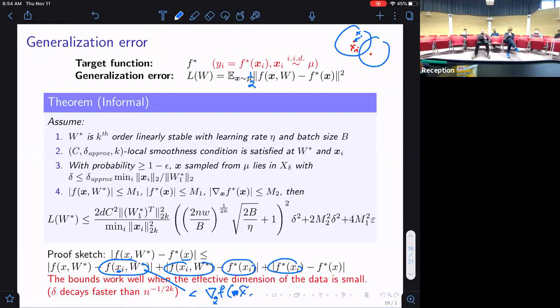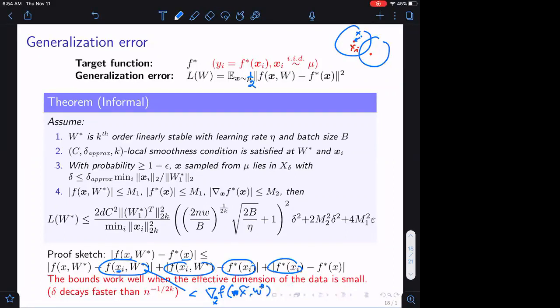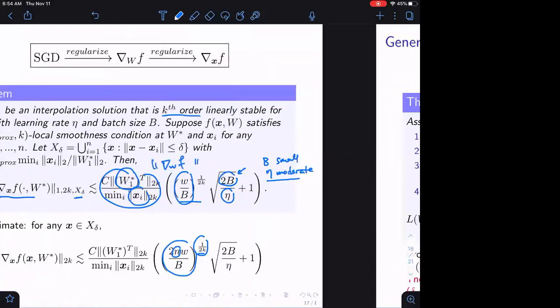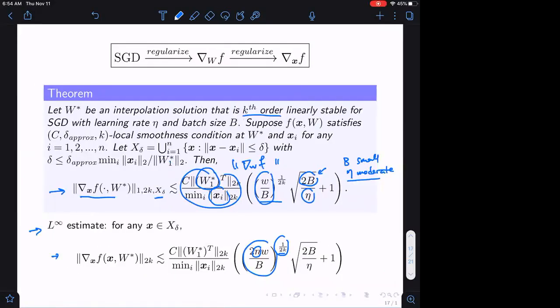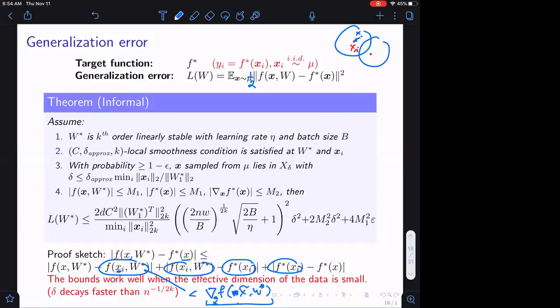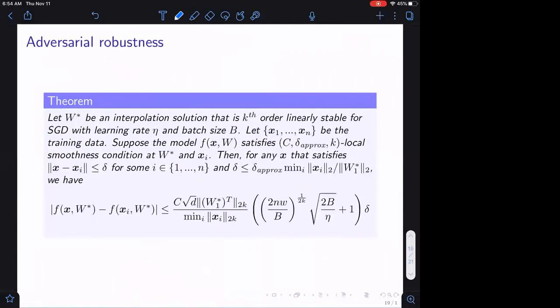This x derivative bound, the L infinity bound, is what I proved earlier. So this term is also under control, and that gives you this error term. So you see that all 3 terms are either 0 or small. Therefore, by adding them together, we prove the generalization error is small.